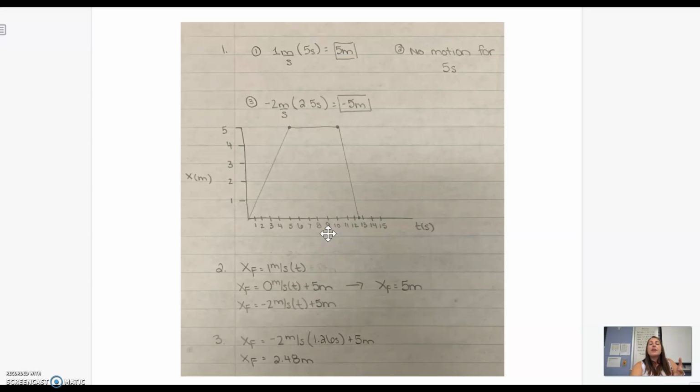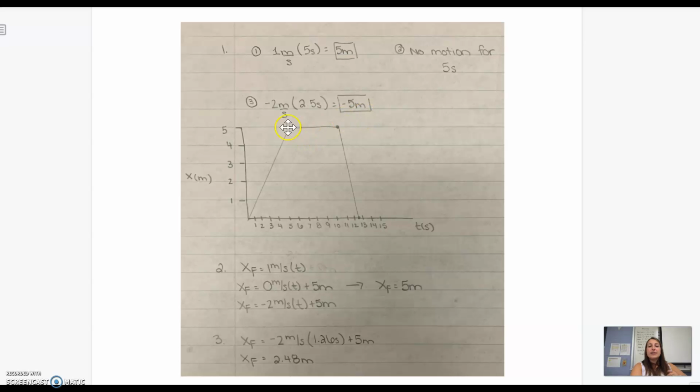Well, in order to go backwards and make that position, we again have to know the numbers before we can do anything. So taking the area of section 1 is the 1 meter per second times 5 seconds, which gives you 5 meters. Nothing happens in section 2, you're just not moving. And then section 3 is that -2 multiplied by 2.5, which gives you the -5 meters. Imagine if this was your walk it out lab: you started at your reference point, walked away slowly, stopped there for 5 seconds, and then quickly went back towards the reference point.